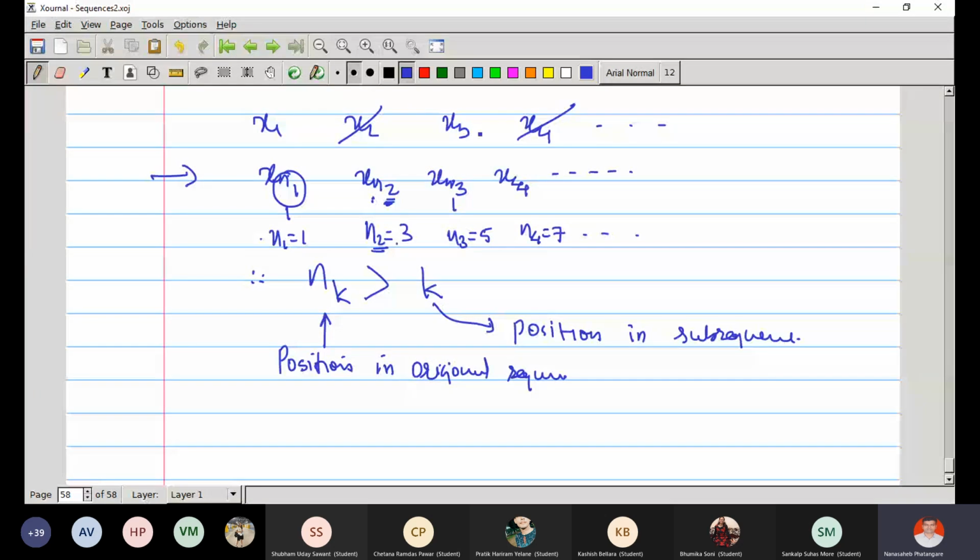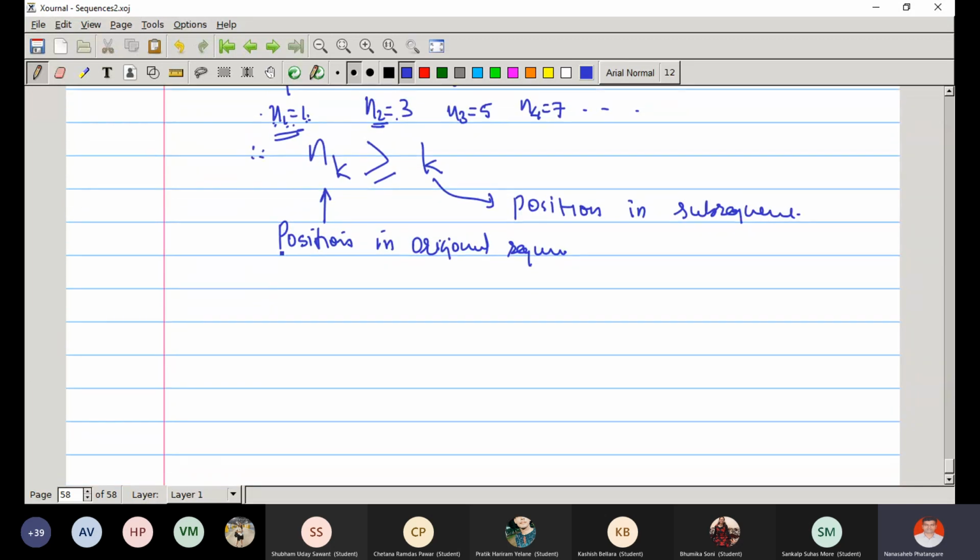In fact it is greater than or equal, because in this case n1 and 1 are the same. So in general, n_k is greater than or equal to k, because n_k is the original position and k is the position after deletion of some terms. The terms get shifted to the left-hand side and therefore their position is reduced. So this is an important observation.